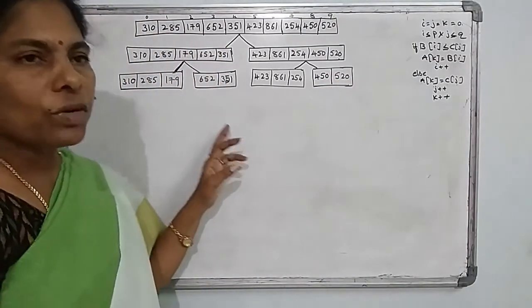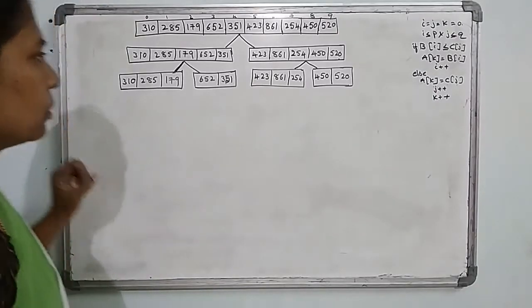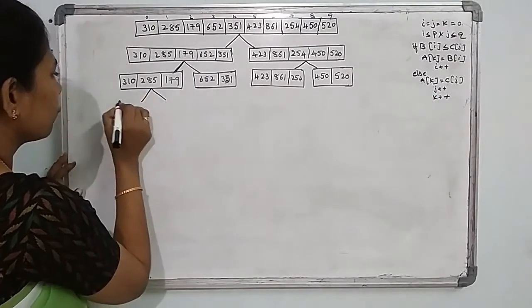So you must apply the division process until each part contains a single element. Again you can divide this into another two parts.